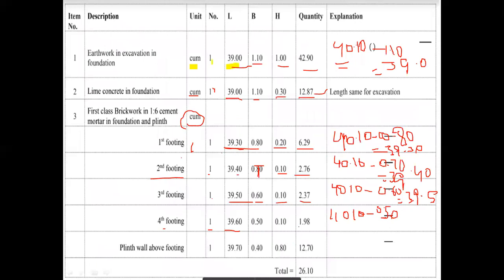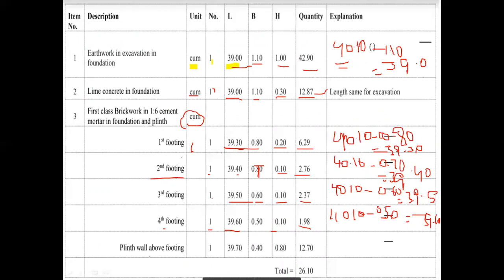Then multiply fourth footing L into B into H, 39.60 into 0.50 into 0.10, that equals 1.98. It is the fourth footing quantity.